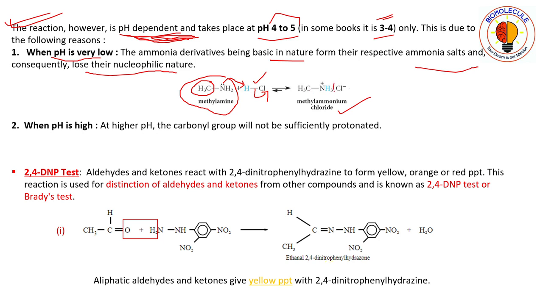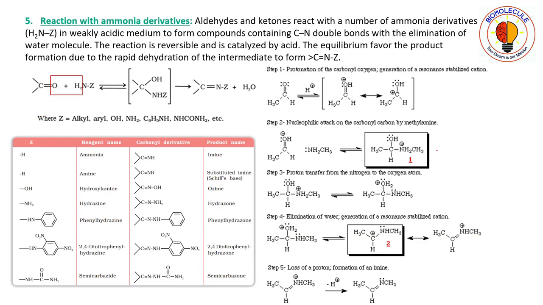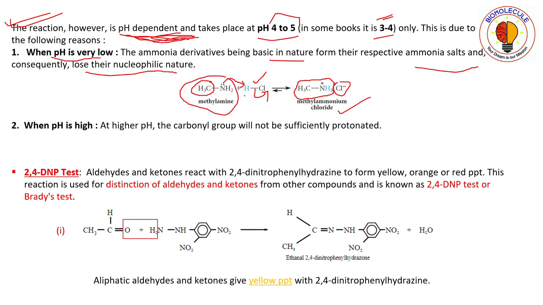Here this is the positive portion and its counter ion is chloride minus. Now for this step, we need the lone pair of electrons in the ammonia derivative. But in strong acidic medium, this lone pair gets coordinated to a proton to give the ammonium salt. So now nitrogen is devoid of any lone pair of electrons, so it cannot take part in the reaction and thus this reaction will not take place.